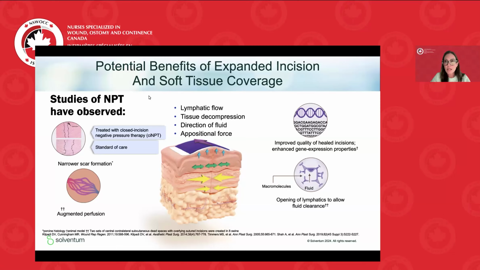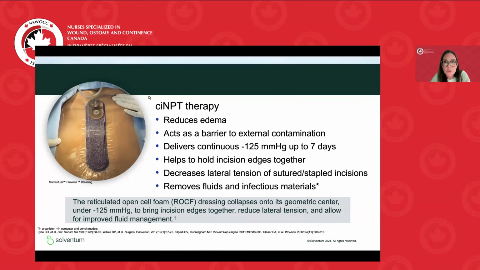And then there's still that little bit of the macro situation, right, where we're actually applying tension with that appositional force to the incision itself to help it close the way that we want it to close. So it reduces edema locally. It acts as a barrier to external contamination. Especially for me, I'm in the vascular world. We do a lot of iliofemoral endarterectomy where we're opening the groin.